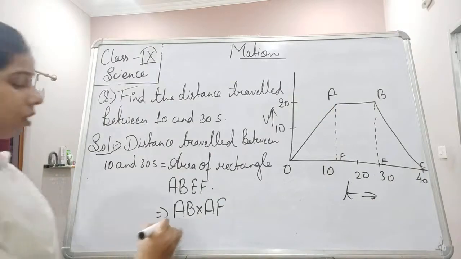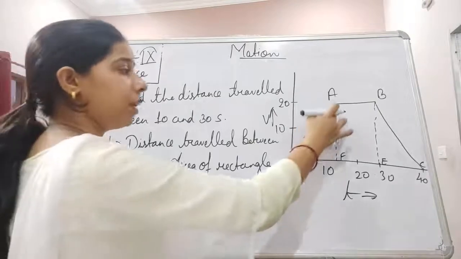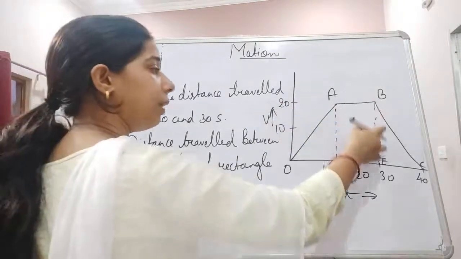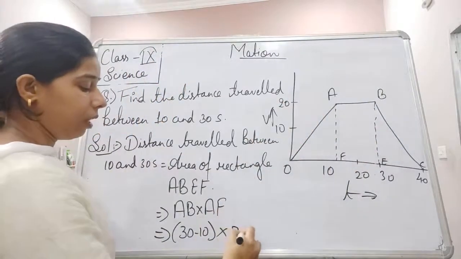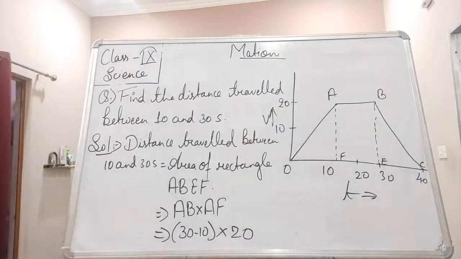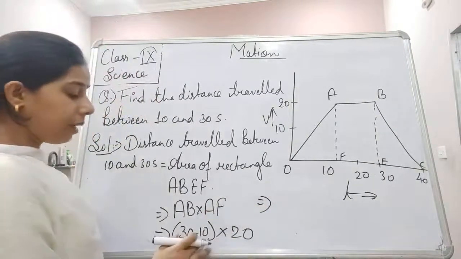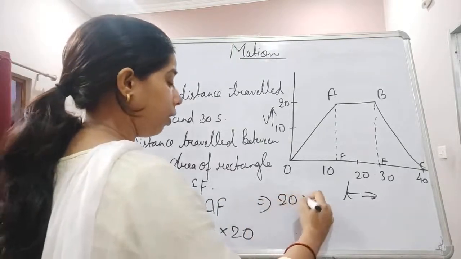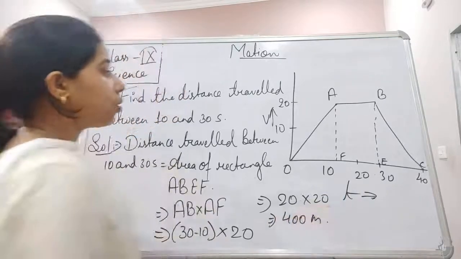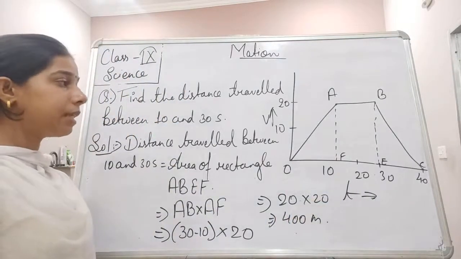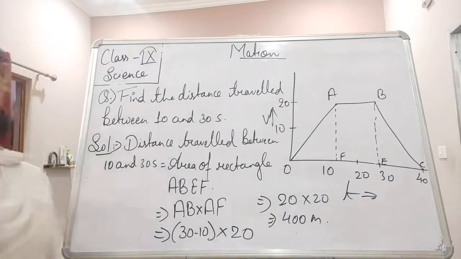Then into AF. It remains the same, that is 20, because AF is equal to BE, and in both cases it is 20. So it will be 20 into 20. Now 30 minus 10 is 20, and 20 into 20 is equal to 400 meter. So the distance traveled between 10 second and 30 second is equal to 400 meters, students.